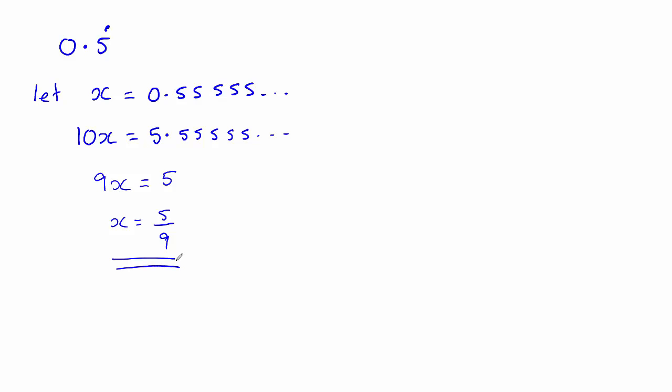So as a second example, let's do one that we've actually met before. So we know what this one should come to, 0.54 recurring. So I'm going to let x be equal to 0.545454 and so on. Now the point is I want to get the same expansion.